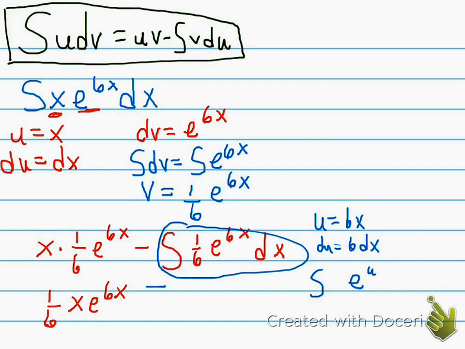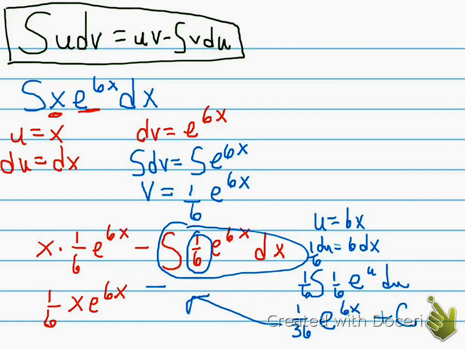Well, we only need a dx, so we're going to have 1/6 du. Then we still have that other 1/6 that was in the original problem. So really we're going to have 1/36. The integration of e to the u is e to the u. I'm going to take that u and replace it back with 6x, and then plus c.